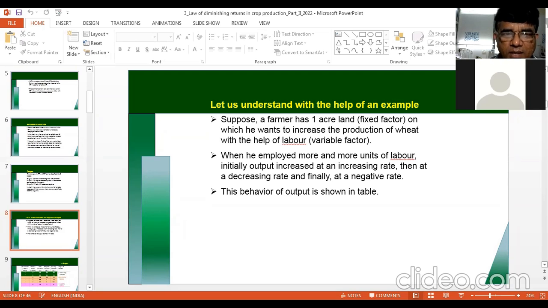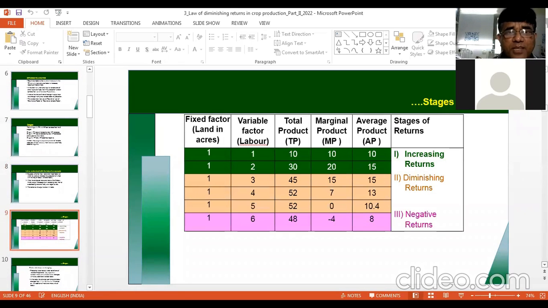I'm sorry, this output was with respect to marginal return. When we employed more and more units of labor, initially output increased at an increasing rate. This is for marginal. Then at decreasing rate, and finally at a negative rate. This is your MP. Now you see the same thing in the table.